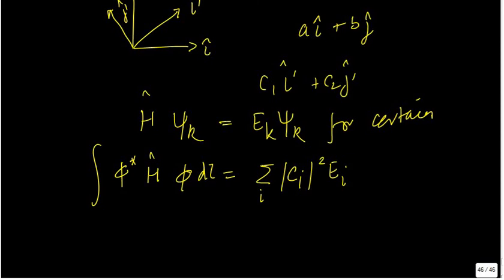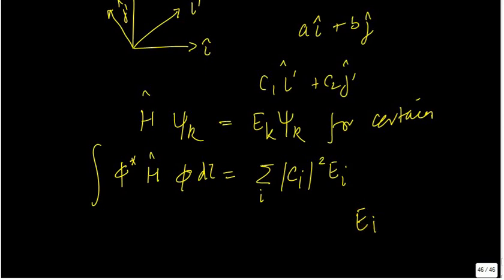Meaning that if I do the energy measurement on phi, the system will go to one of its eigenstates. What I'll observe is one of the eigenvalues. I'll not observe this. If I do one single measurement, then I'll observe any one of these eigenvalues, Ei.